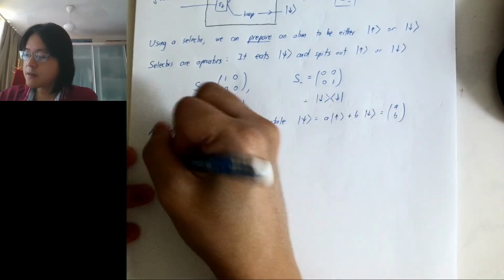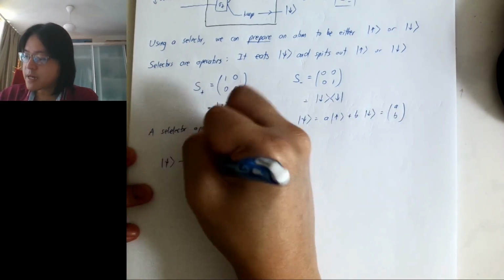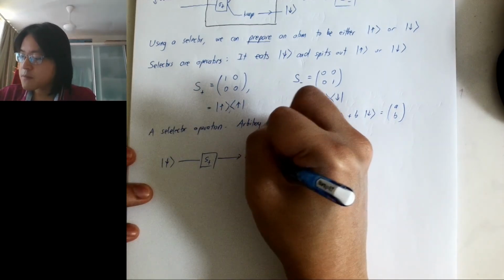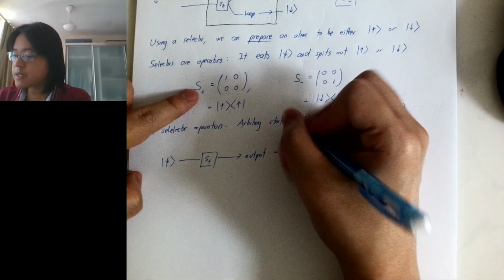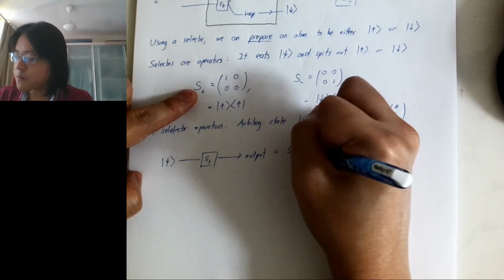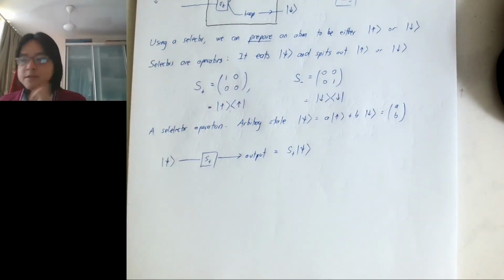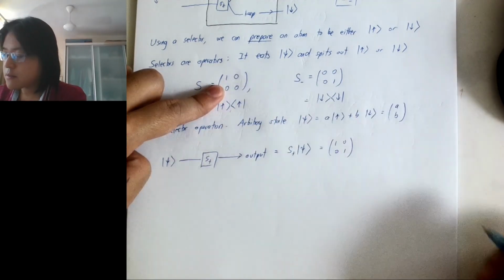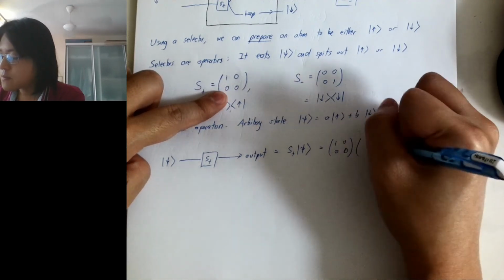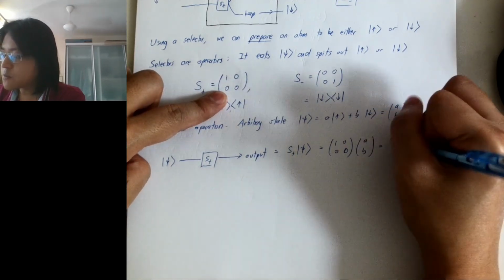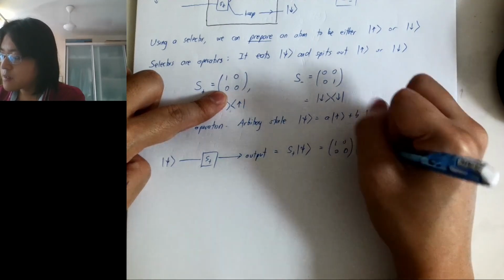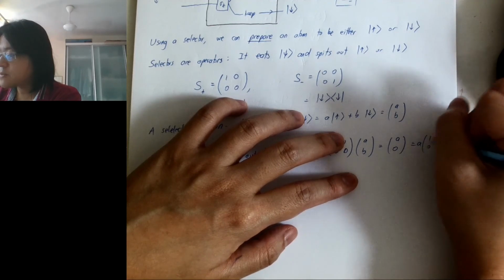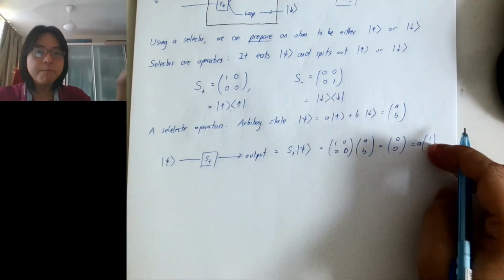So let's say this passes through a plus selector, and the output is going to be S plus operated on psi. Let's do the matrix multiplication first. So this is 1 0 0 0, and this is A, B. What you get is just A and 0, right? So it's just A times 1 0, so everything is in up.